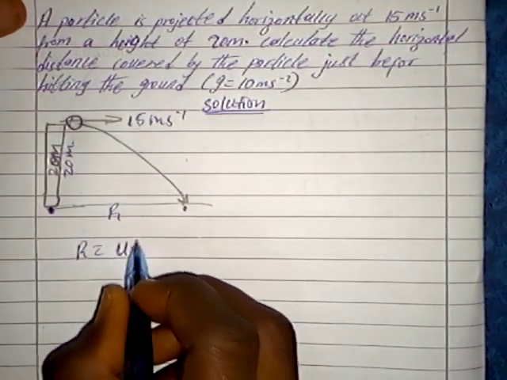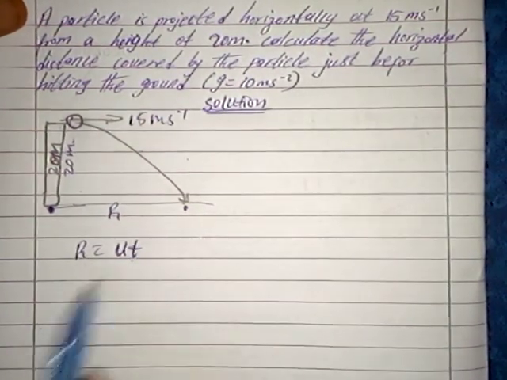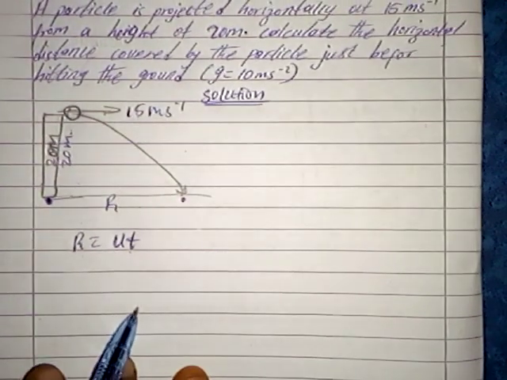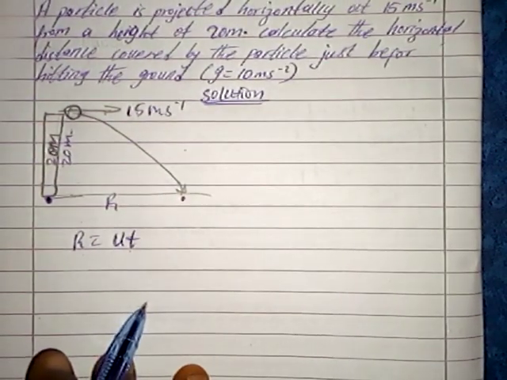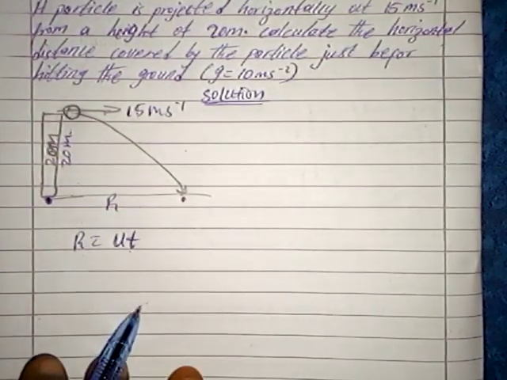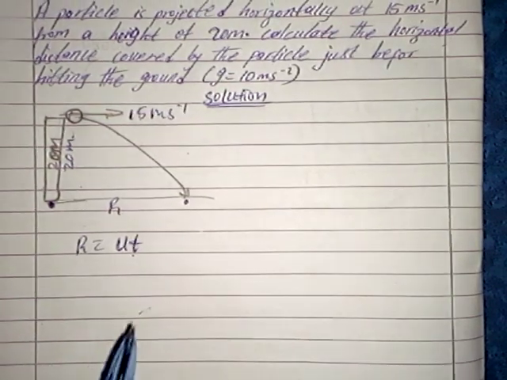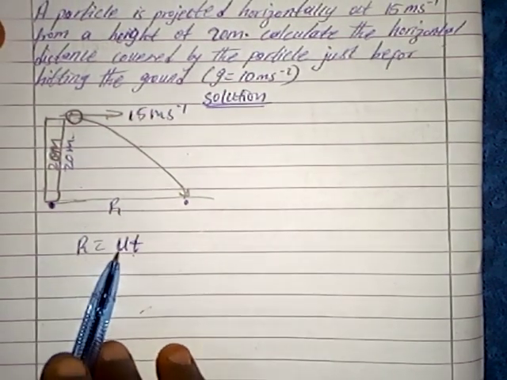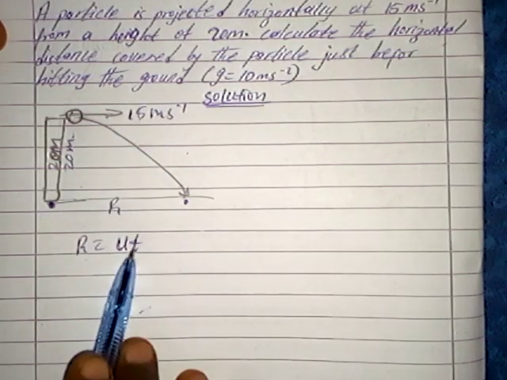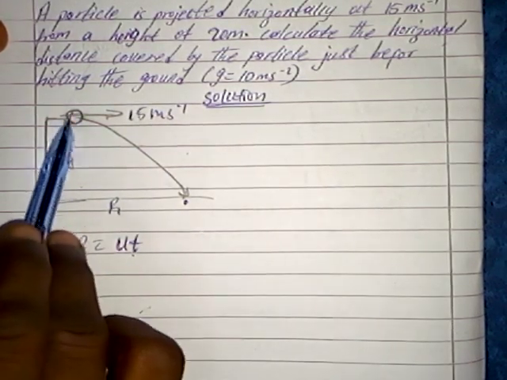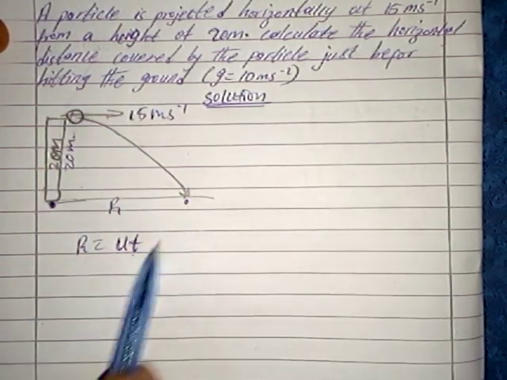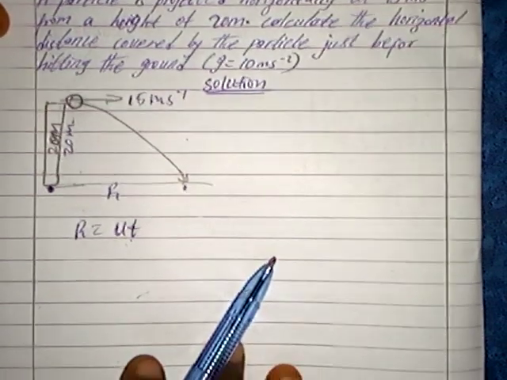So the initial velocity times the time taken. From the formula, we have the initial velocity, which is u. Time is the time taken from where the ball is projected to where it falls. We don't know it, so we find it.